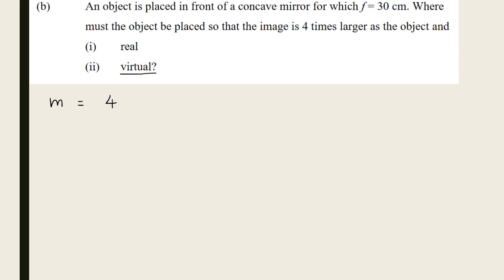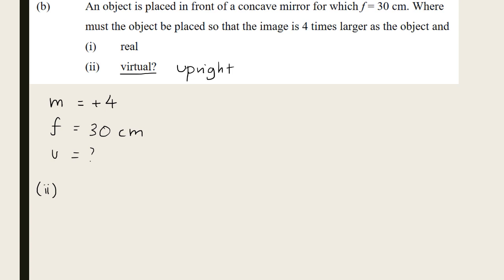It is upright. When the image is upright, the sign convention that you should use is positive. Okay, so positive 4. When m equals positive 4 and f equals 30 cm, what's the value of u? So we are basically repeating the same thing that we did for equation number 1.